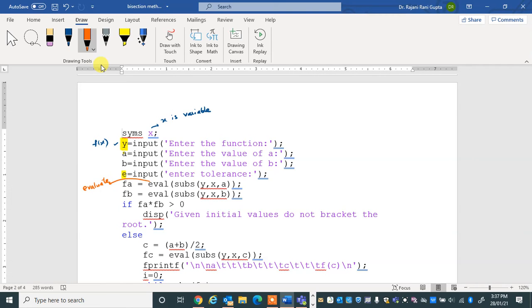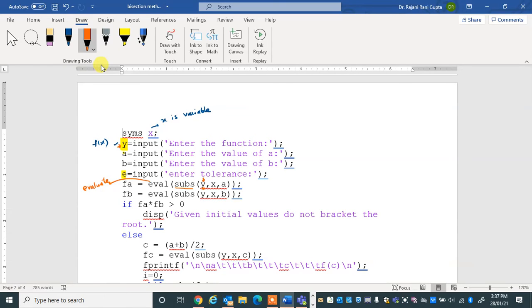It evaluates the value of this function. Here we are using two commands. Here we have the command subs. Subs means substitute. Where do you have to substitute? You have to substitute in y. Y is nothing but your function.